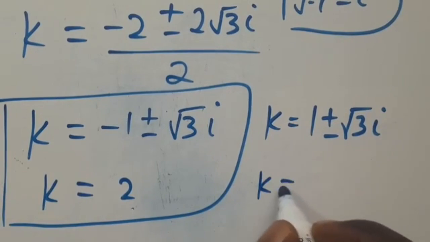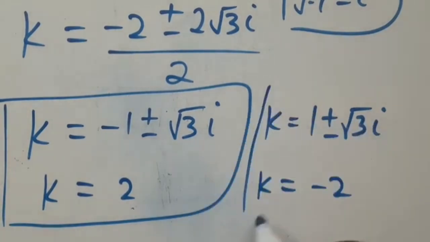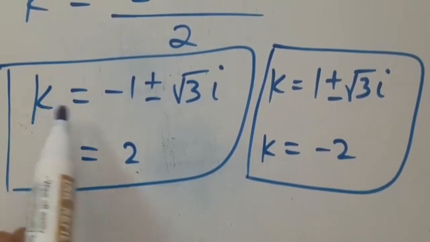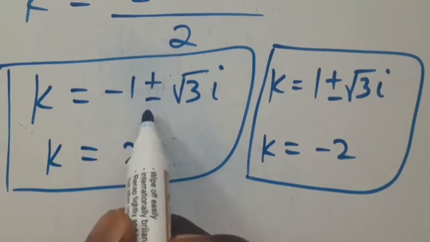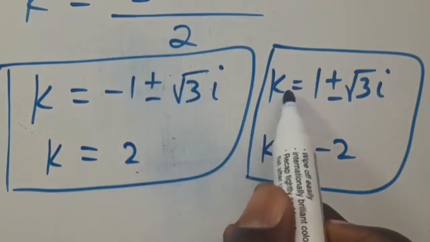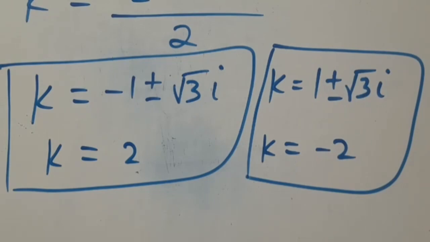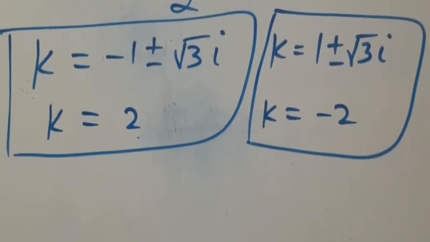And also we have k to be equals minus 2 for this as well. So this k equals minus 1, positive or negative, root 3i, and k equals 1, positive or negative, root 3i are complex solution. Why k equals 2 and k equals minus 2 is real solution, and you can check for that.